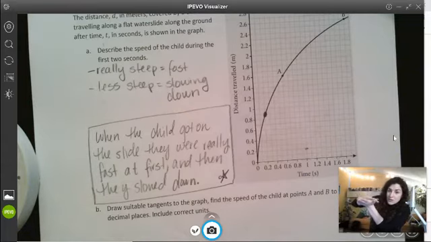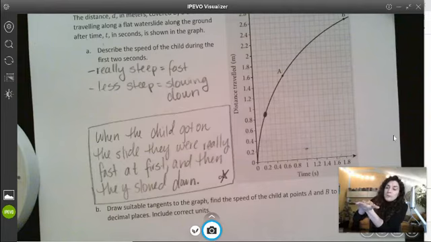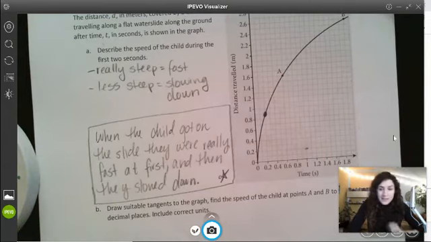And then as you go, the water is dispersed and spread out and there's less water there. So then the plastic tarp starts to rub at you, and the rub is what slows you down. That friction causes momentum to slow down. So it was really fast at first, and then because of the friction of the plastic, the child started to slow down.